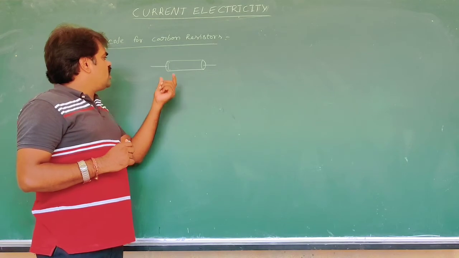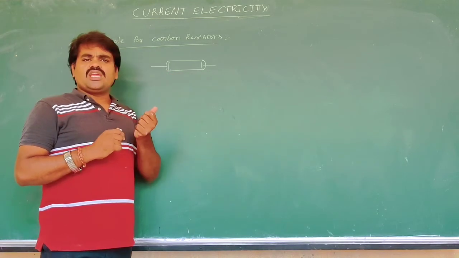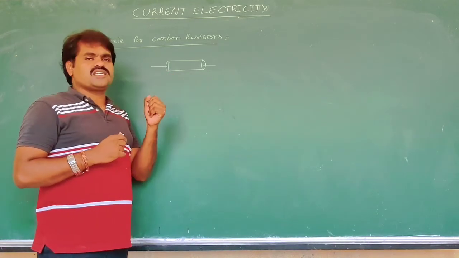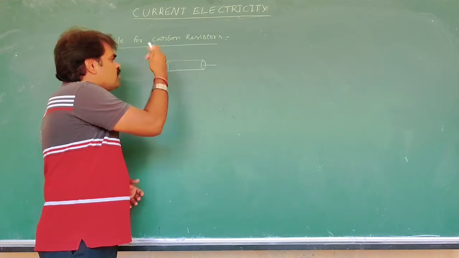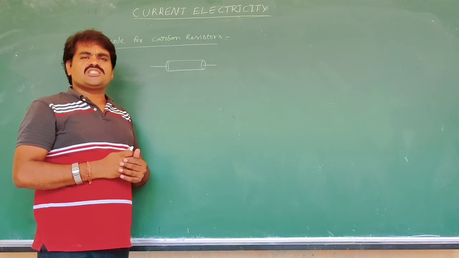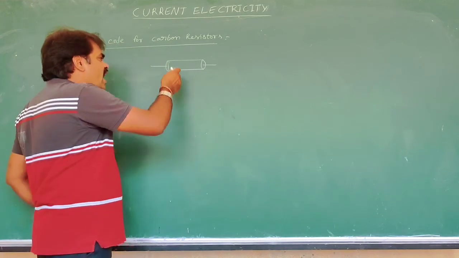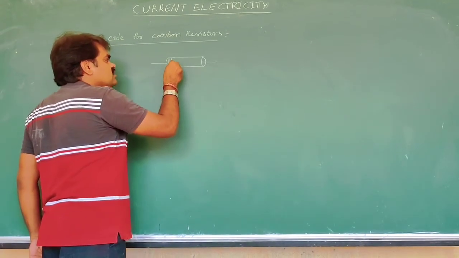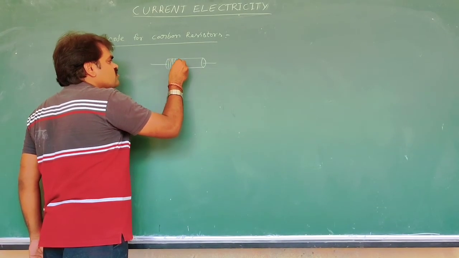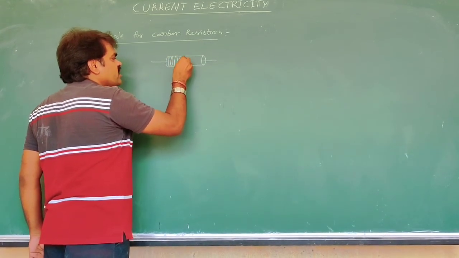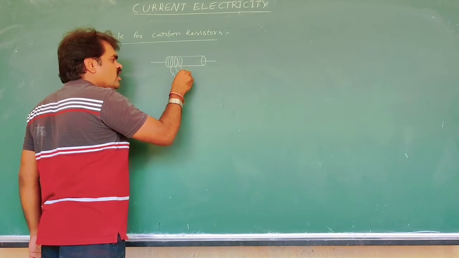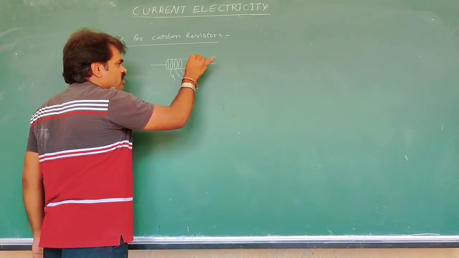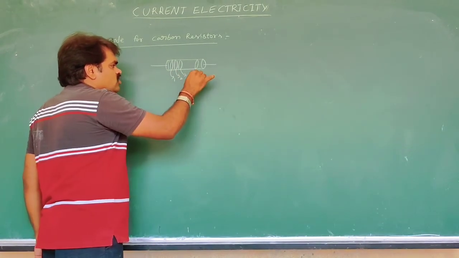The value of resistance of the resistor, along with the tolerance or percentage of accuracy, is printed as color bands on the resistor, like these first, second and third bands. This is band 1, band 2, band 3, and the fourth ring.